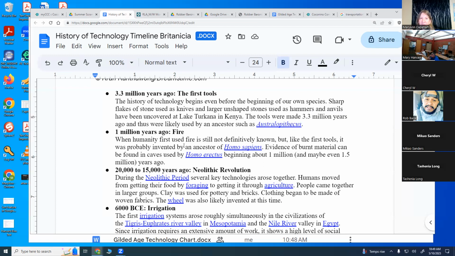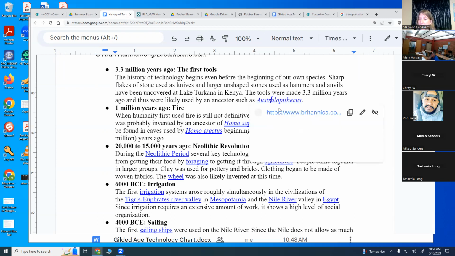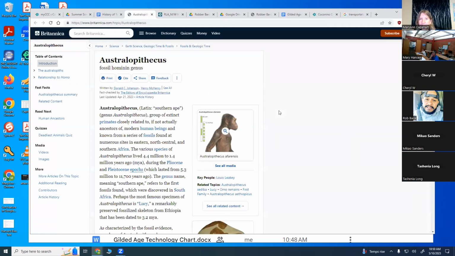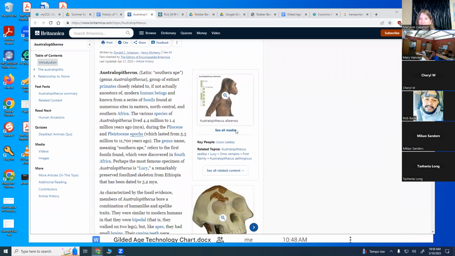So this one's crazy. You guys see this? It goes the first tools, even before the beginning of our species, Homo sapiens. Hammers and anvils, they made tools. This person, I shouldn't say guy, not even a whole, it's evolving.